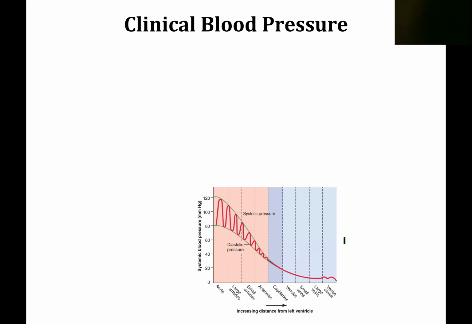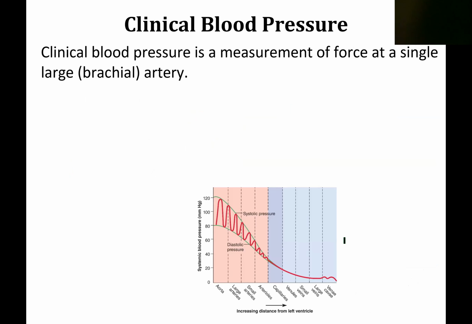Clinical blood pressure is measurement of force at a single large artery, typically the brachial artery. So if all of this is systemic blood pressure, this is clinical blood pressure. It's a snapshot.